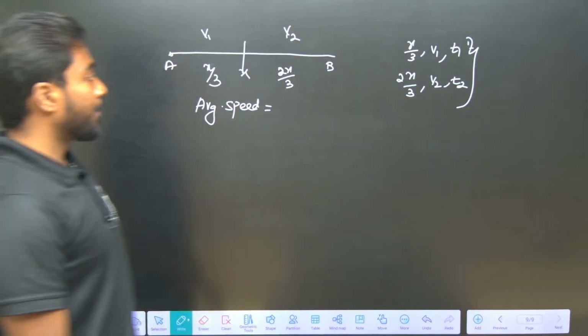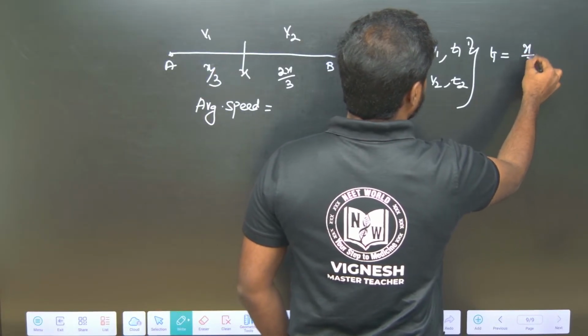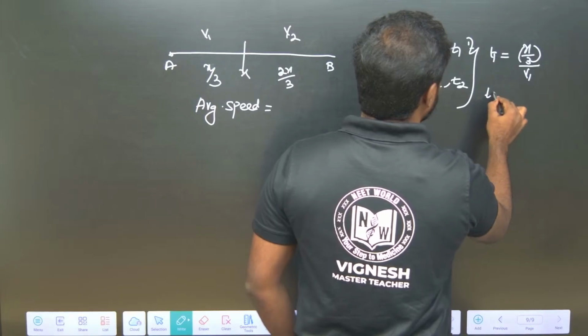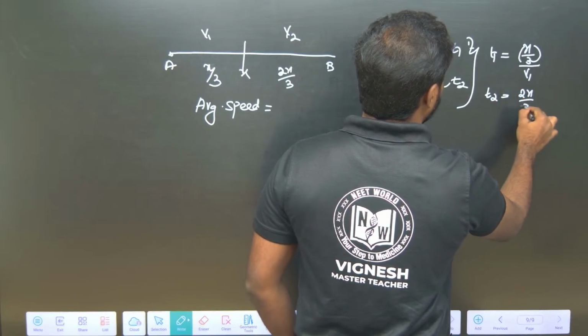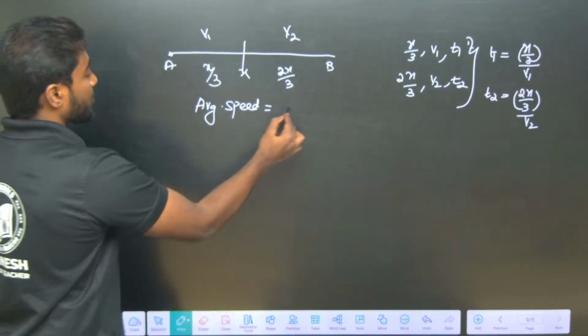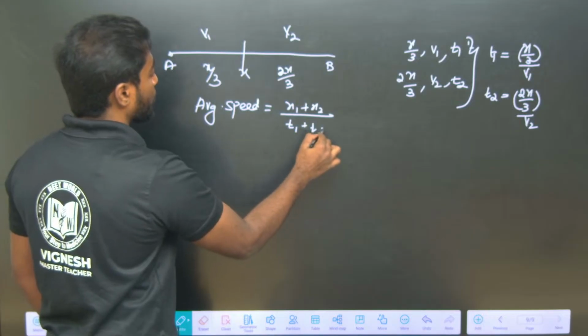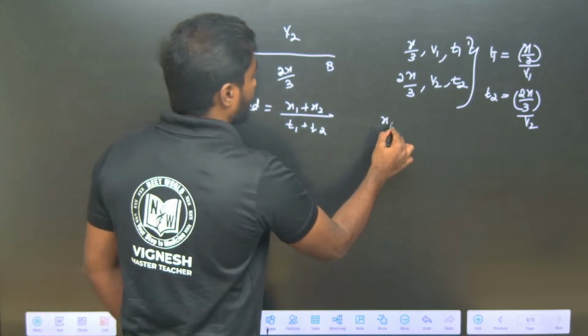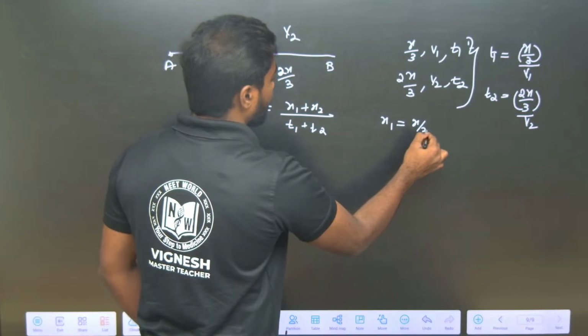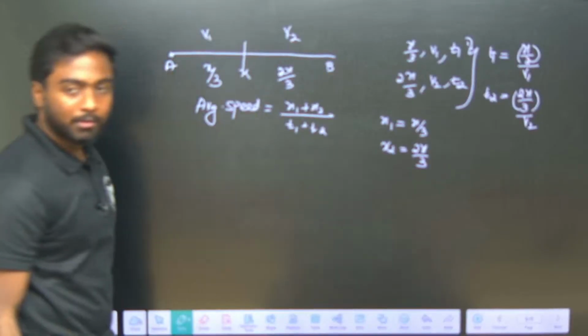Now can I write T1 as x by 3 by V1, and T2 as 2x by 3 by V2. So this is x1 plus x2 by T1 plus T2, where x1 equals x by 3 and x2 equals 2x by 3, right?